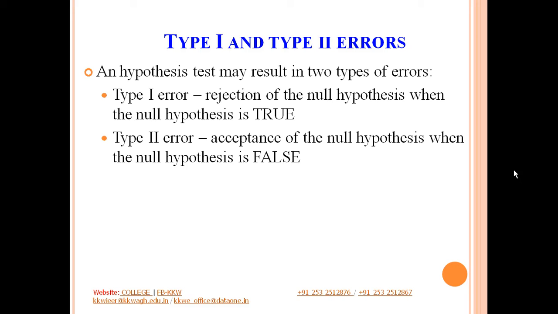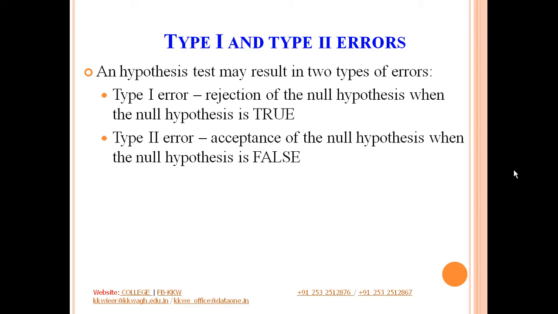So because the evidences do not support the null hypothesis, we will reject the null hypothesis, right? And we are rejecting the null hypothesis, that means we are accepting the alternate hypothesis, right? Okay, so in this case, suppose it is the situation that our null hypothesis is actually true in reality, but because of lack of evidences that support the null hypothesis, we are rejecting it. So that is an error, right? Such type of error is called type 1 error.